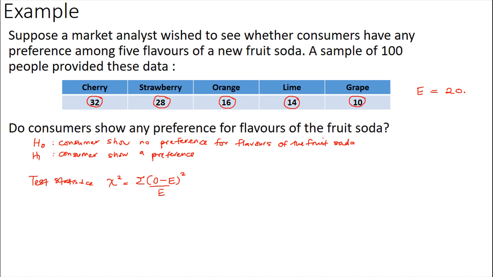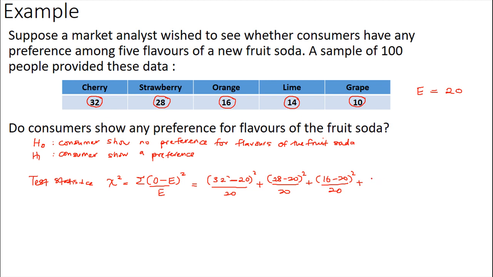Okay, so now we can calculate the test statistic. For the first flavor, cherry, the observed is 32 minus the expected 20, squared, then divided by 20, plus the sum of the others. The second category, strawberry, 28 minus 20 squared, divided by 20, plus the third category, 16 minus 20 squared, divided by 20.